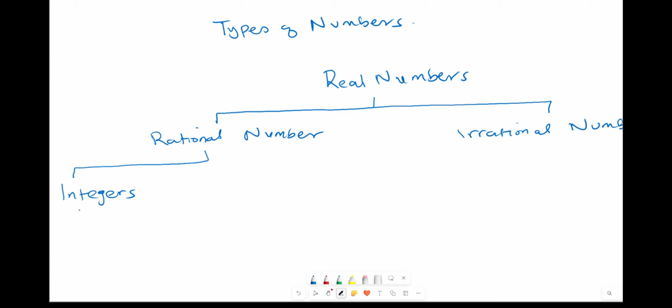So integers are basically negative numbers, 0 and positive numbers.